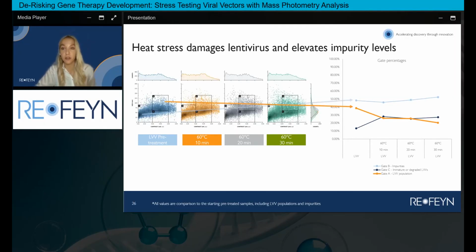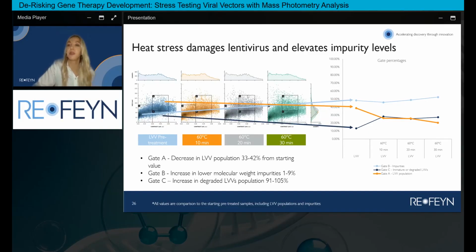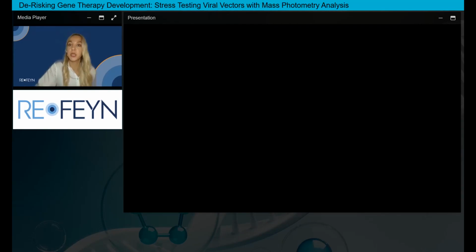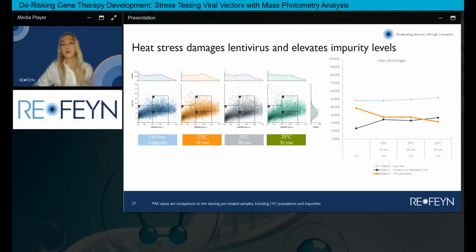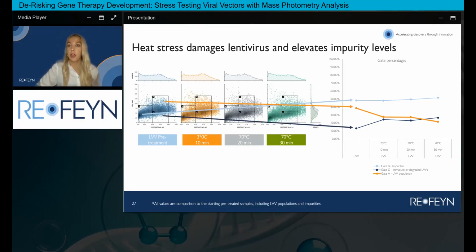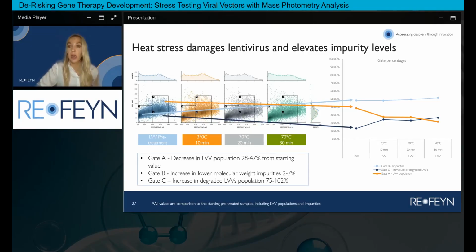Increasing it further to 60 degrees, we can see, again quantified, a clear decrease in the population from the starting value even further, and an increase in impurities of almost 100%. And again, the heat stress damages lentiviral vectors and elevates impurity levels in all of these samples.